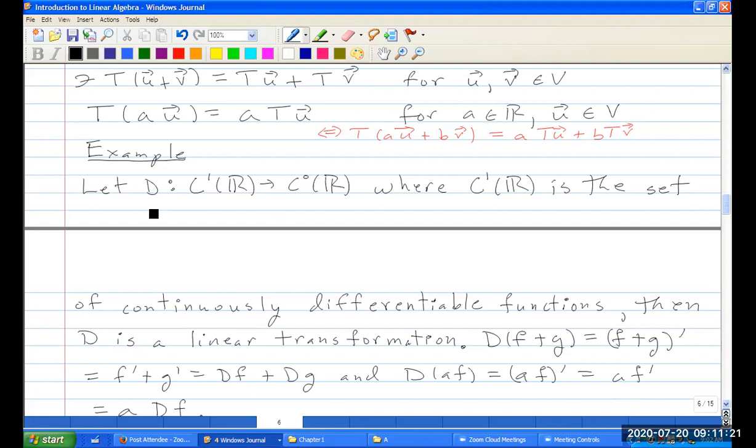D is a derivative. Then D, being the derivative, is the linear transformation. I'm going to have to rewrite this because it didn't tell you what it is.